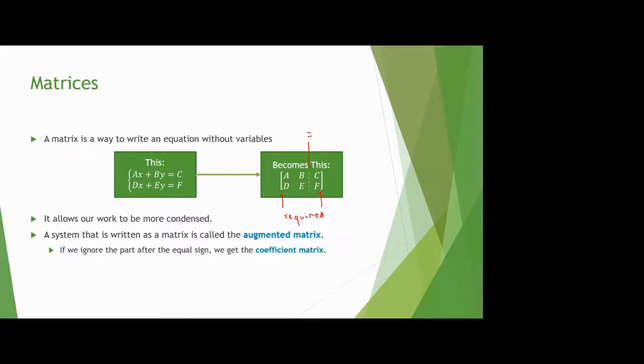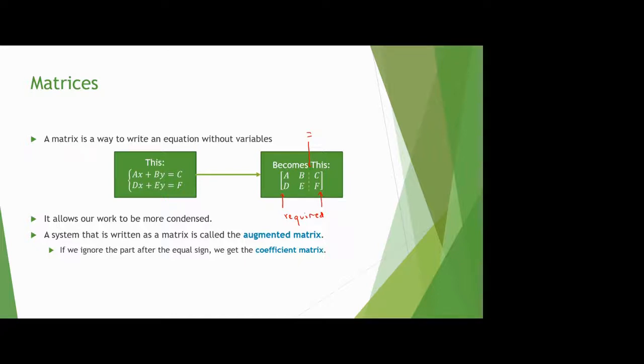If you can ignore the variables and just store the numbers, that's less you're storing, which saves space in your memory or on your hard drive. It's a more efficient way to store things, so a lot of what you do in programming is done with matrices. It allows you to condense your work.